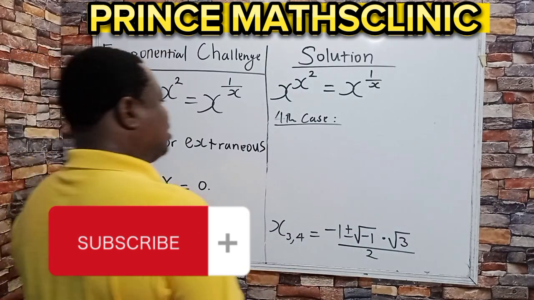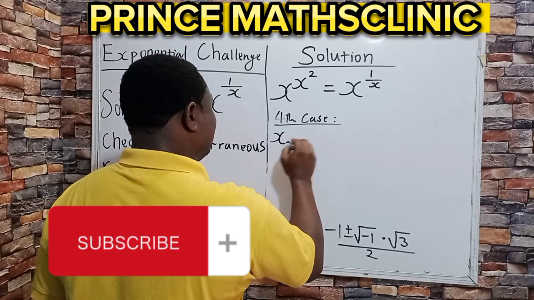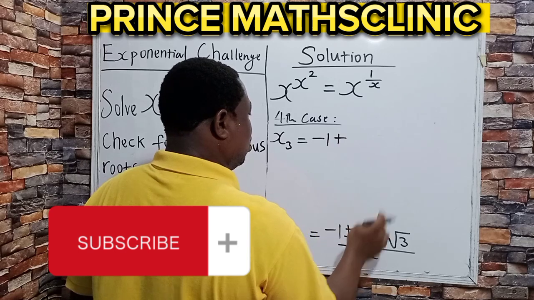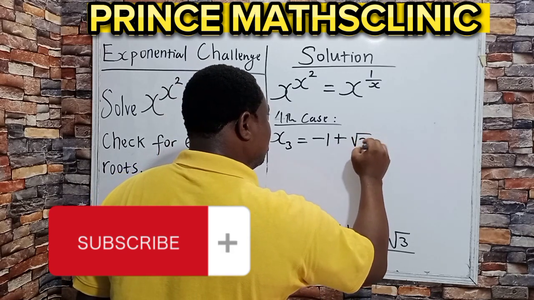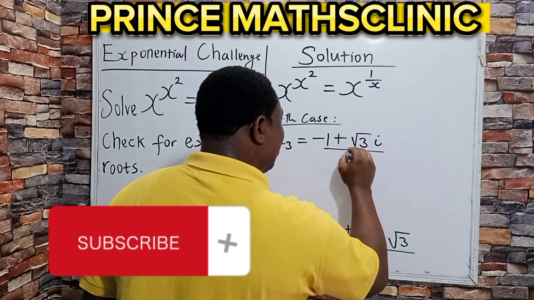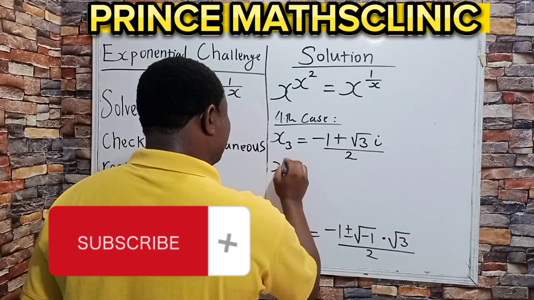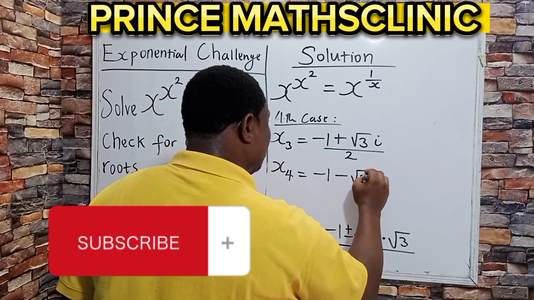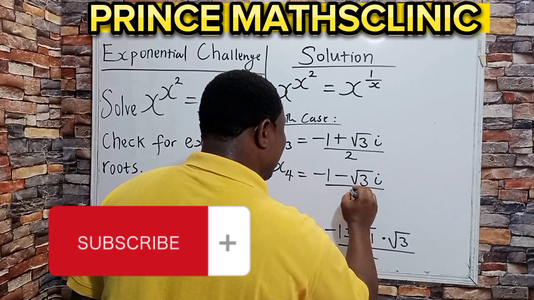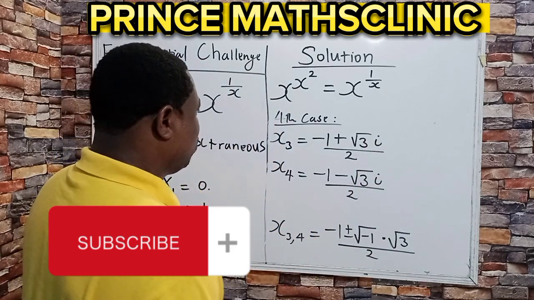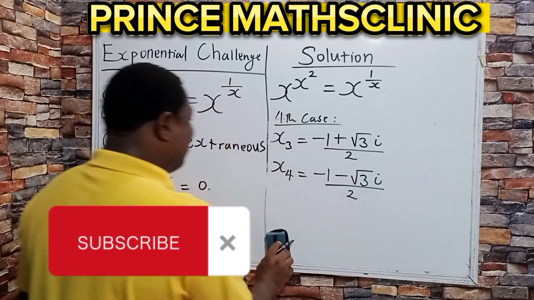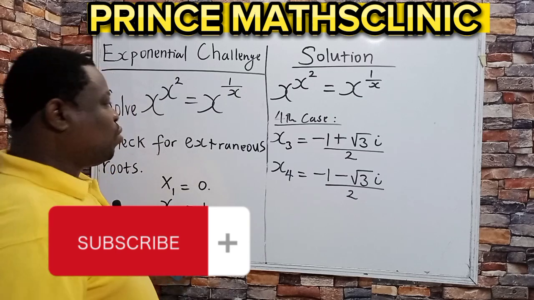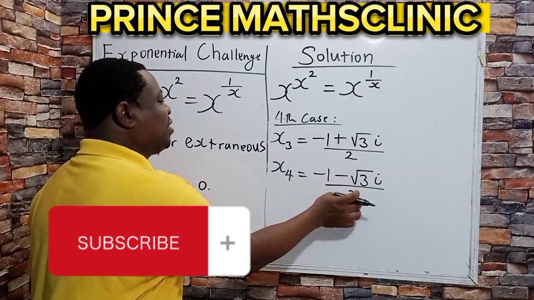So doing that, I'm going to have my x3 to become minus 1 plus root 3 i over 2, and my x4 to be negative 1 minus root 3 i over 2. So these are my values for x. x1 is 0, x2 is 1, x3 is this, x4 is this.